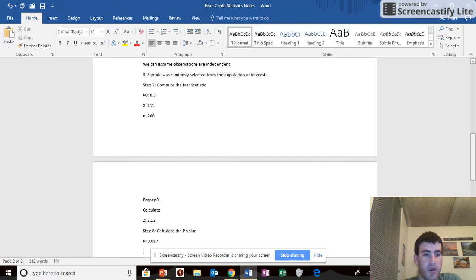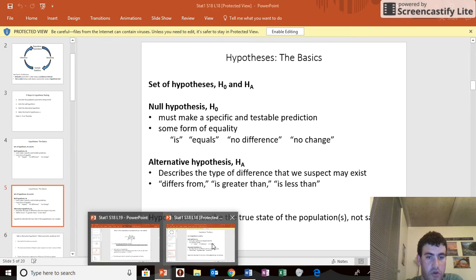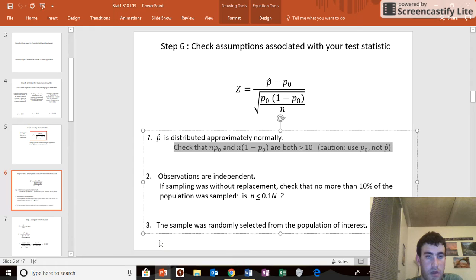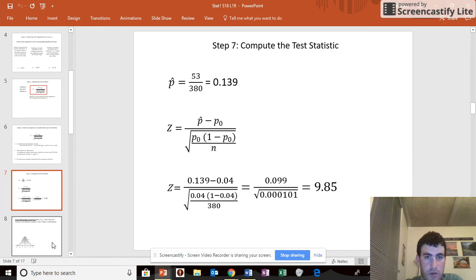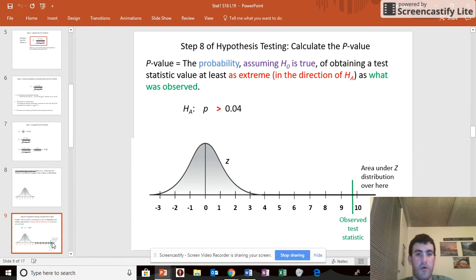If you were looking to just calculate the p-value on your own, what you would do is go to normalcdf on your calculator, which you would hit 2nd VARS on your calculator.